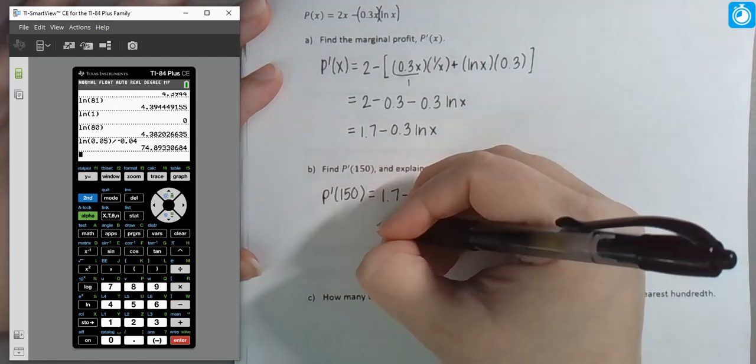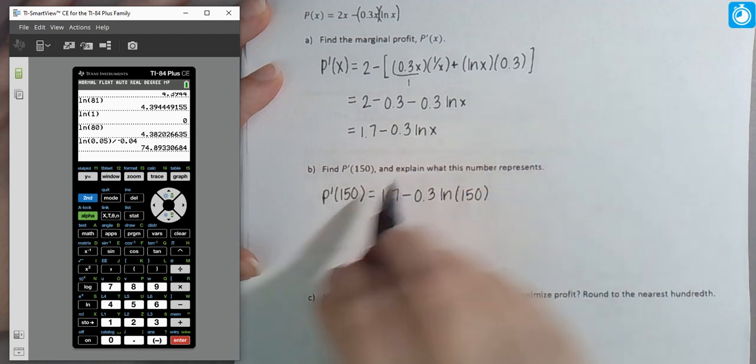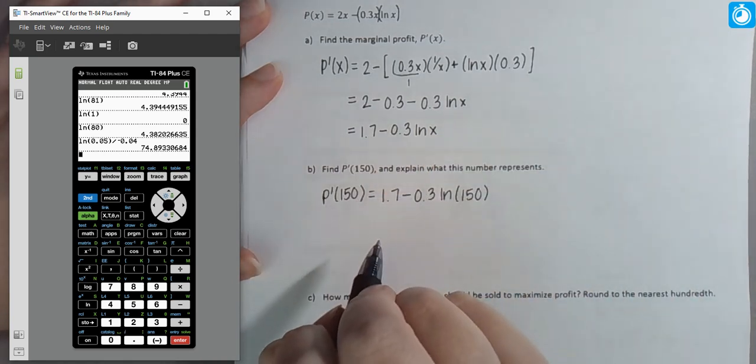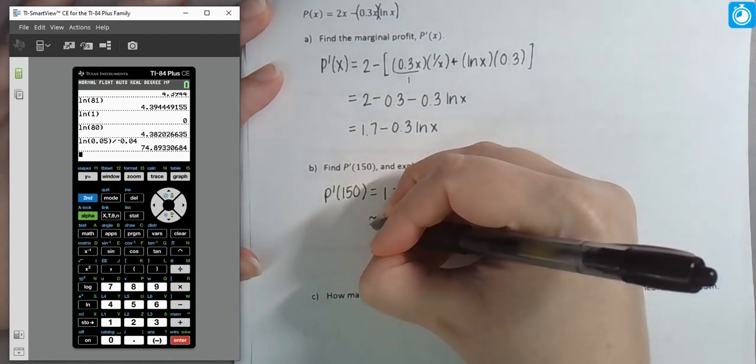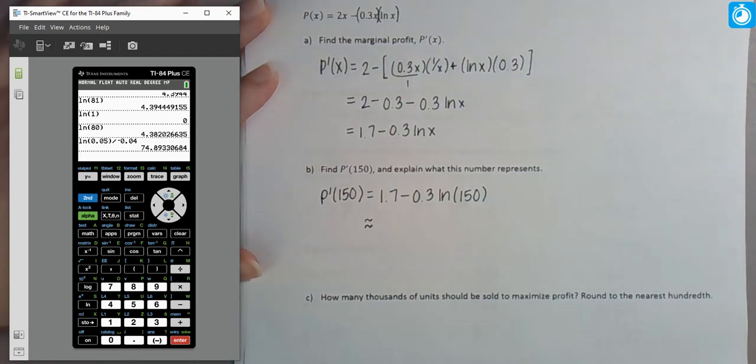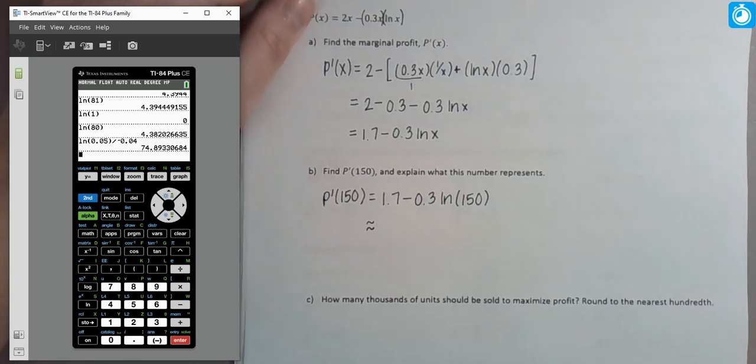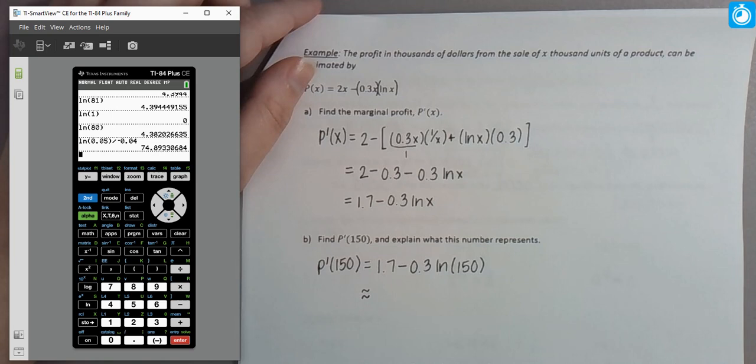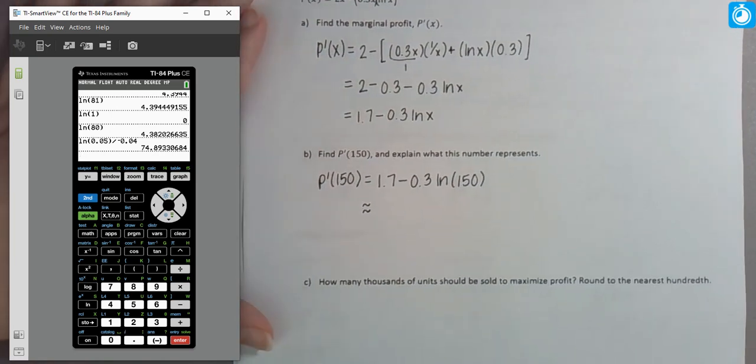Okay. So if we want an exact value, that's what we leave. We leave it as that. It's going to be more meaningful in this situation to have an approximation. And since we are talking about dollar amounts, we go accordingly.